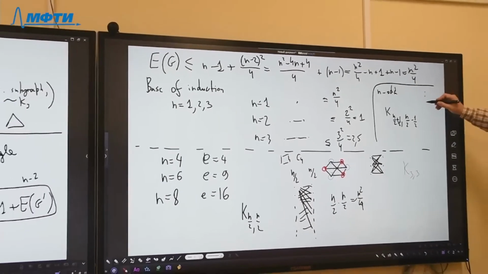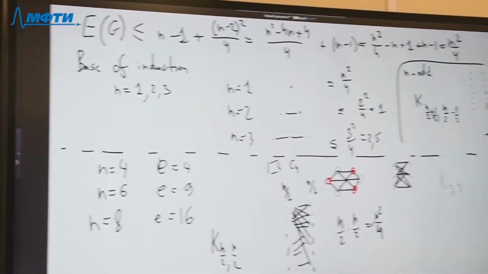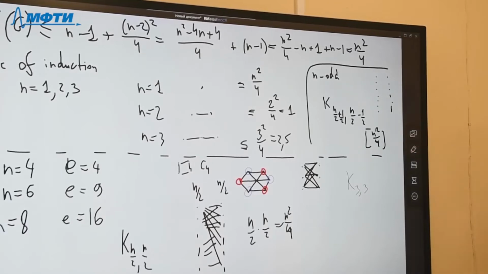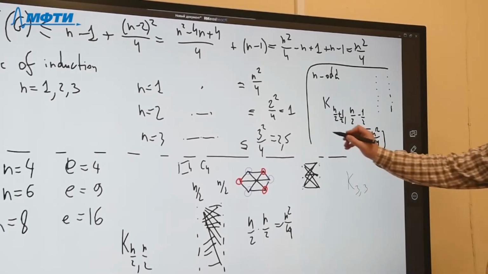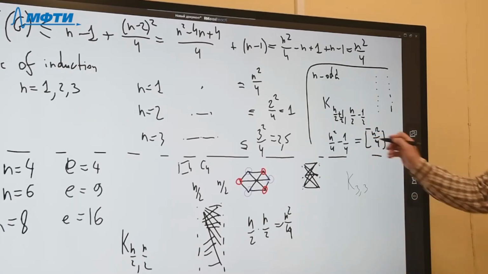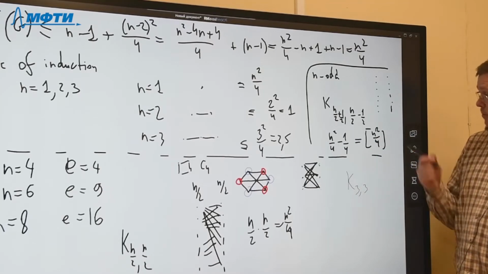So we will have n squared over 4 minus 1 over 4 edges, which is exactly the integer part of n squared over 4.